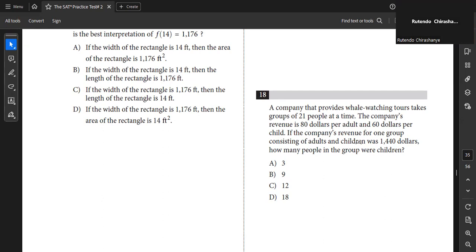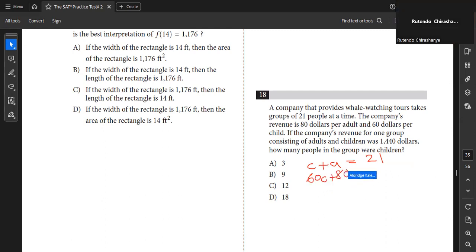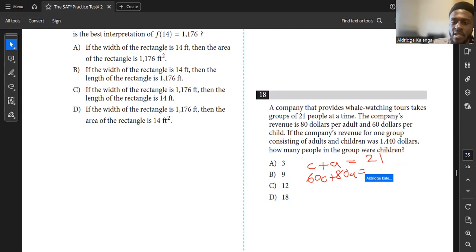All right, so you guys let me know when you find it. Essentially, whenever you see this, you see that it takes 21 people at a time. Children plus adults will be 21 people. You know that it's $60 per child, $80 per adult, and the total is $1,440.